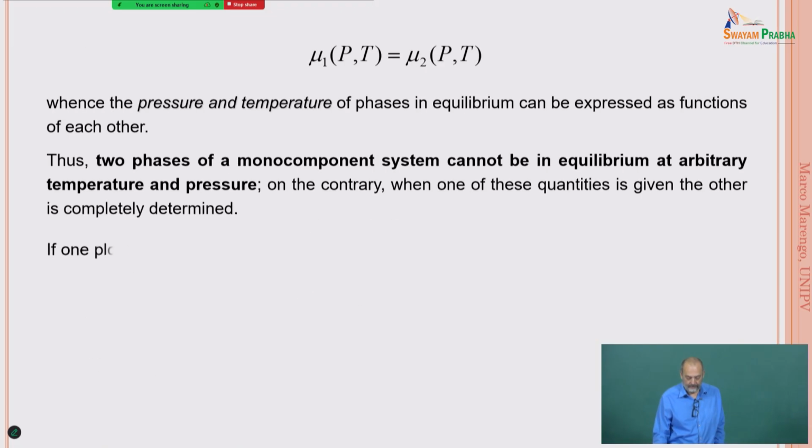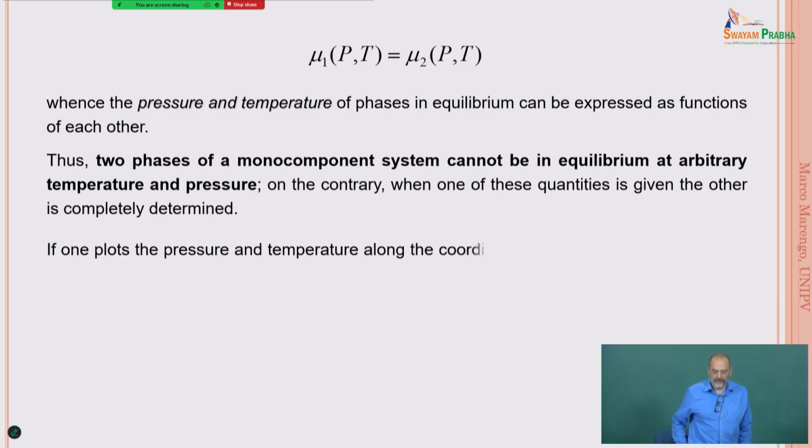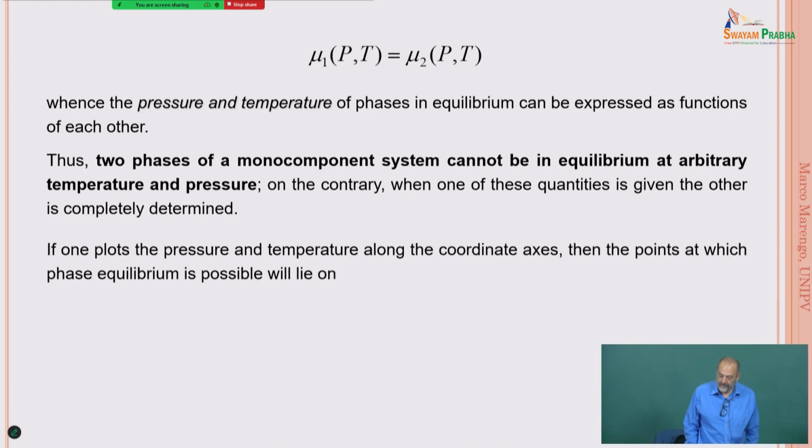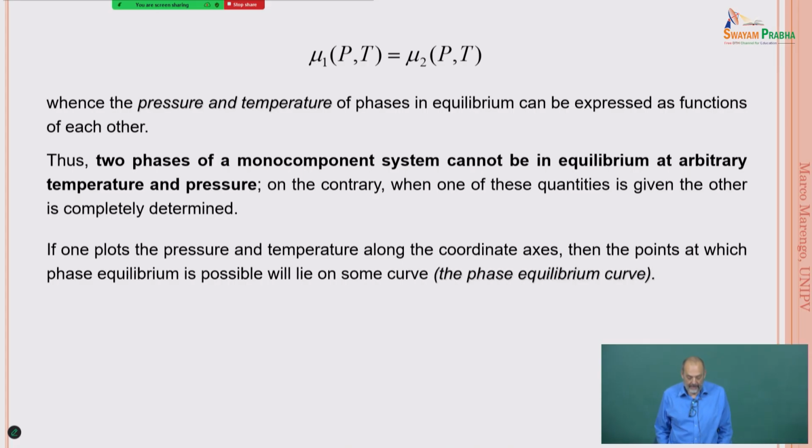Okay? So when we have two phases of a monocomponent system, the system cannot be at any arbitrary temperature and pressure, but if we measure the temperature, we are going to have one pressure and vice versa. If we know the pressure, we know the temperature. So in fact, we have one curve.